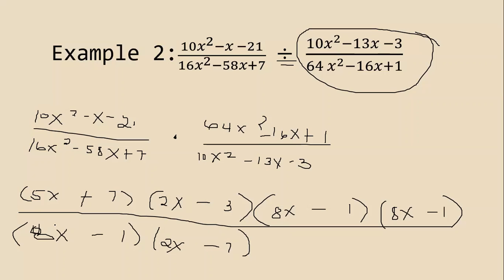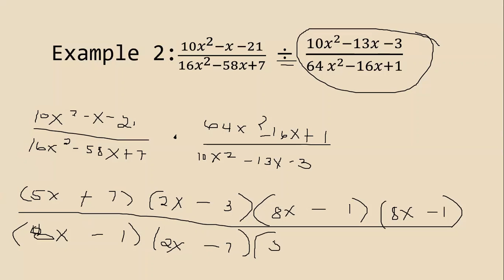Dapat pag i-FOIL method ko siya, yung 8x times 7, ang sagot po ay 56x, and then minus 2x, plus 56x plus 2x, we have 58. So kailangan po pag i-FOIL method natin siya, ang sagot natin ay babalik tayo sa original na 16x squared minus 58x plus 7.